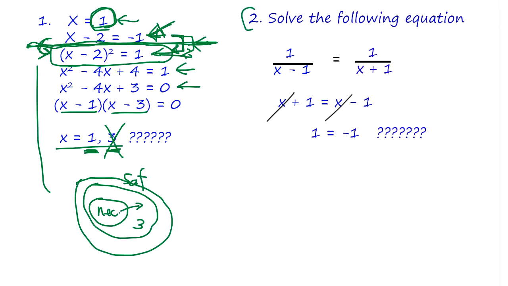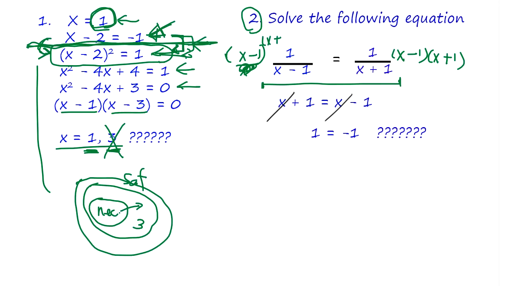Second problem. Let's solve this equation. Yay, it's easy. We multiply x minus 1, x to both sides, and we multiply x plus 1 on both sides, right?